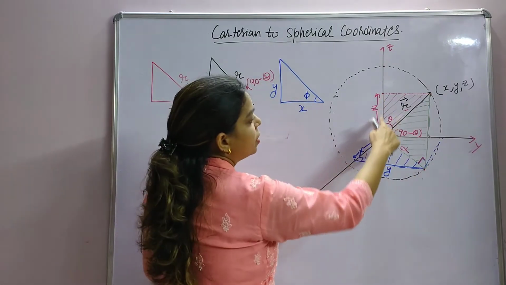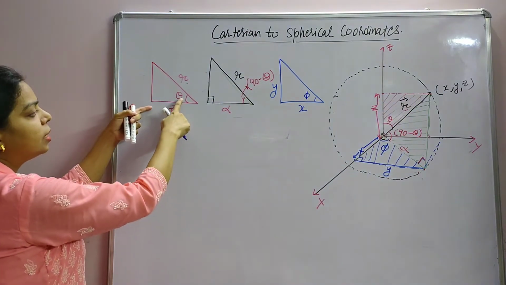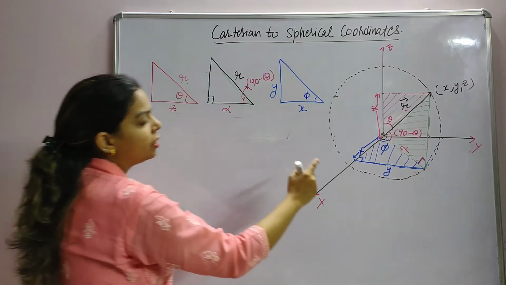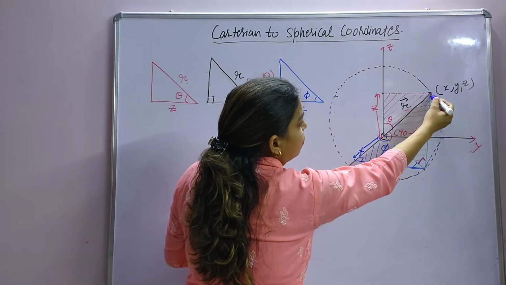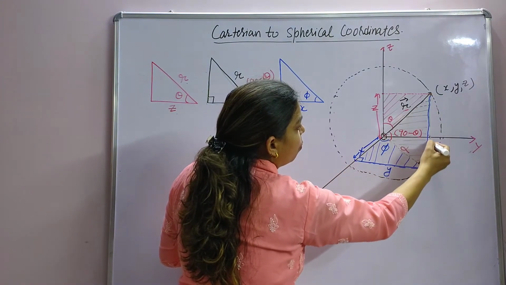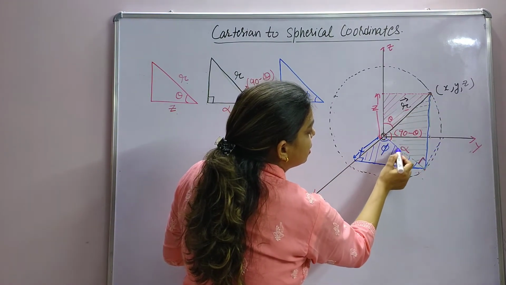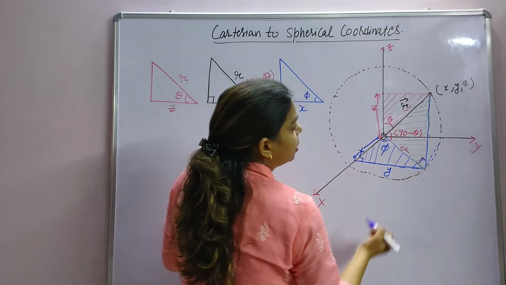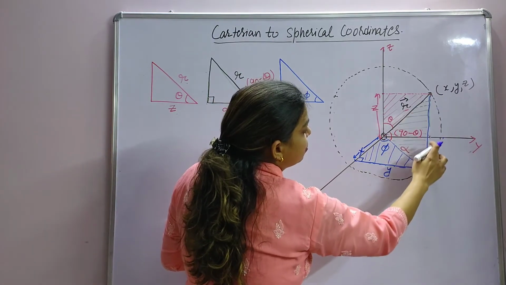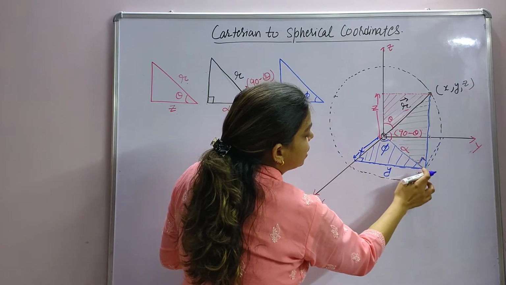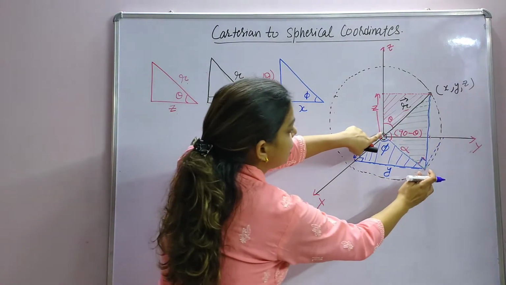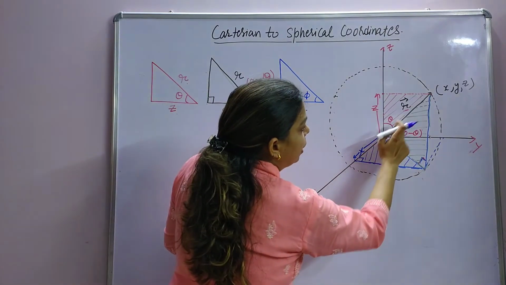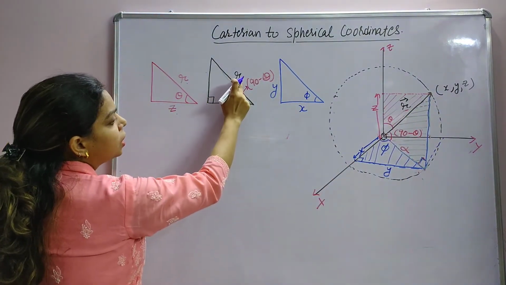In the first triangle we have this angle theta with the z axis, z becomes the base and r is its hypotenuse. The second right angle triangle is this one, where the projection is falling on the y axis, and if we draw a perpendicular here, this will be a right angle triangle. So this becomes the perpendicular and this projection is its base. Let us say the base is alpha. Again the hypotenuse of this triangle will be r.